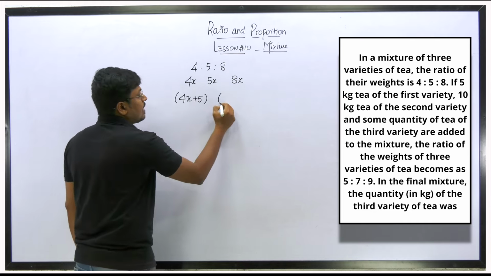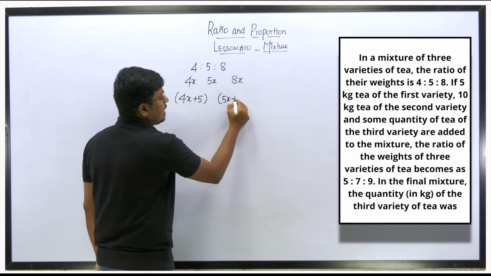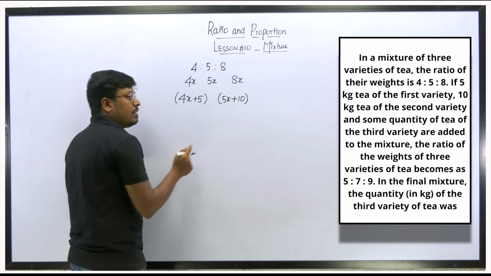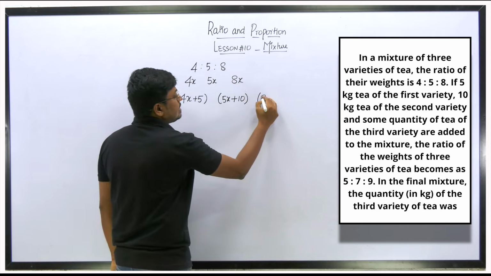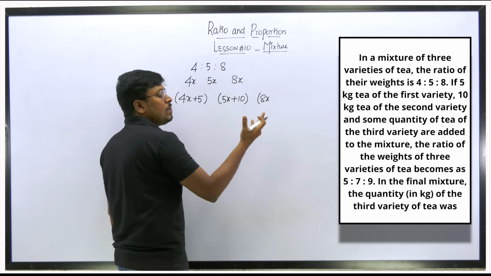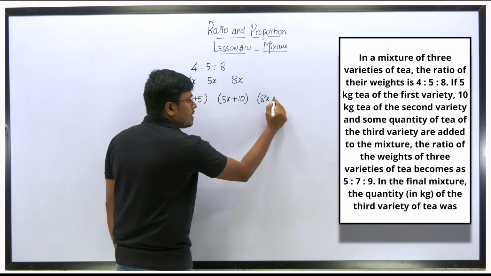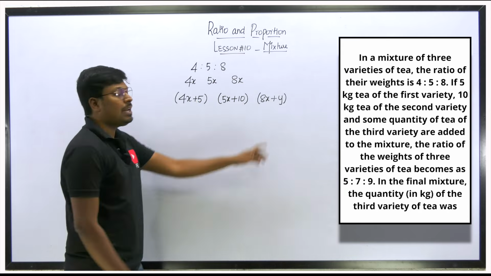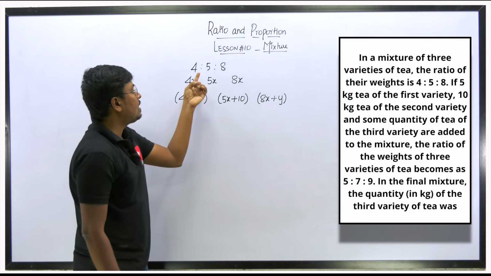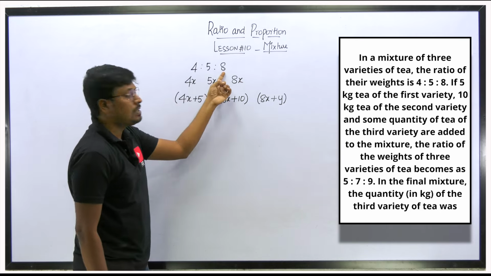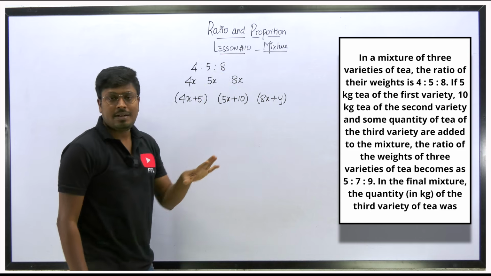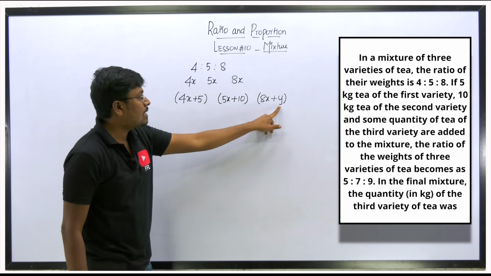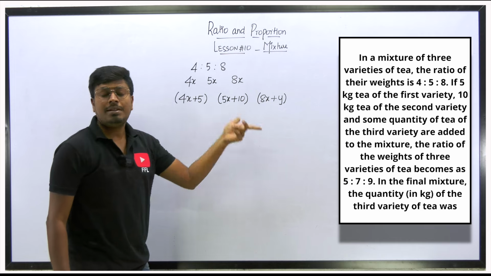In the second variety, 10 kg is added, so 5x plus 10. In the third variety, some kg of tea has been added, but we don't know how much. So let me keep that value as y. Don't keep the value as x, because we already kept the first, second and third tea varieties as x. Here we don't know how much kg has been added, so let me keep that value as y.